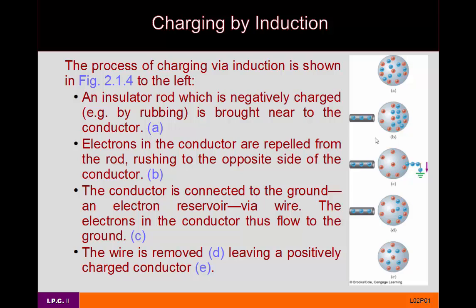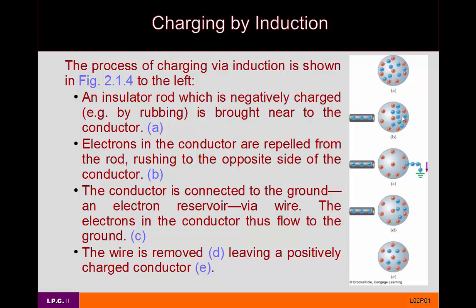Now, the difference here is that we never actually touch the rod to the conductor. Instead, we attach a wire from the conductor to the ground. And this wire is basically, let's say, on the far side of the conductor.